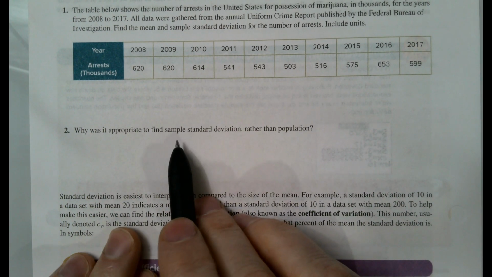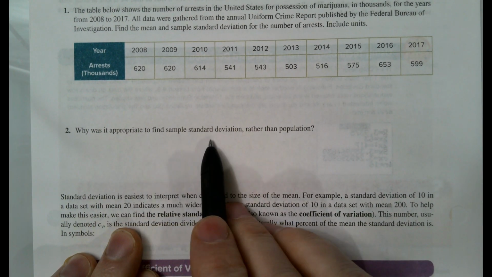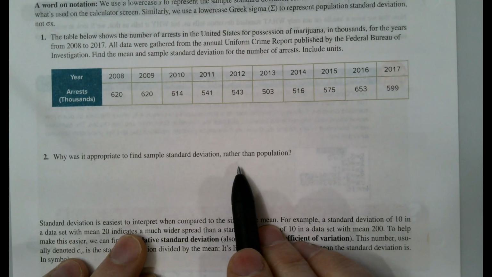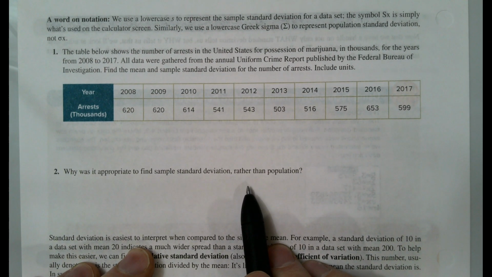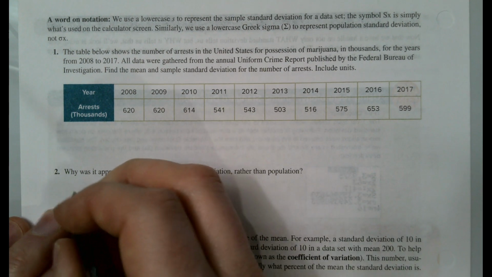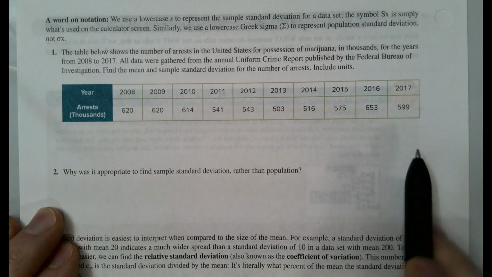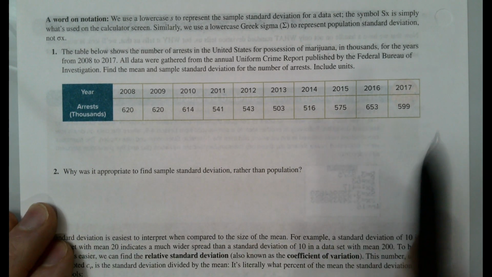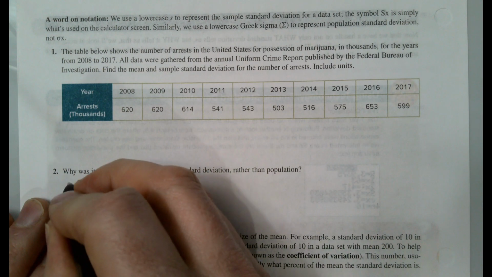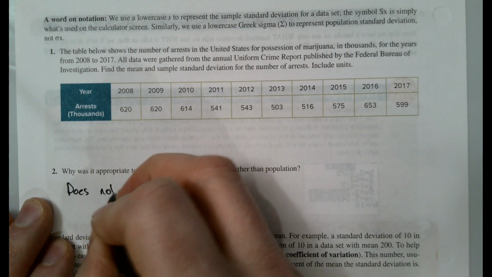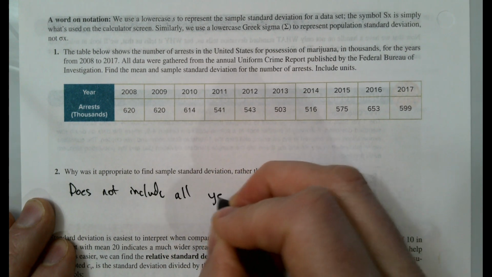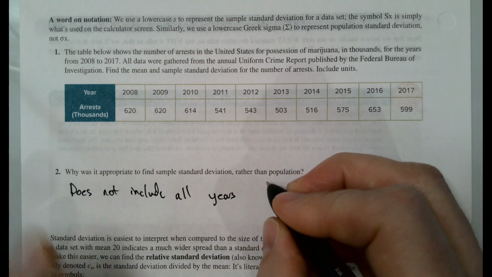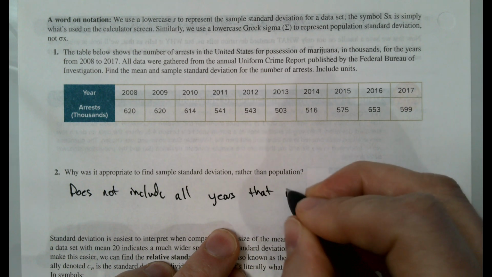The first thing we need to note here is, why are we finding the sample standard deviation rather than the population standard deviation? Maybe the obvious answer is that there are more years for which there were marijuana arrests than just these years, right? So this does not include all years that individuals were arrested for marijuana.